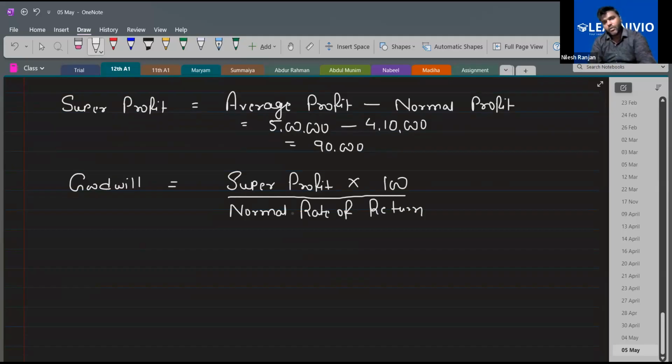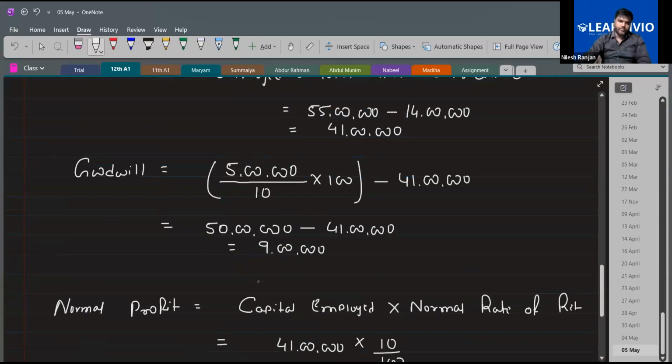Can you tell me how, if you are using a different formula, the answer is the same? Sir, same concept, different formulas. Okay, so the answer is the same in both methods.